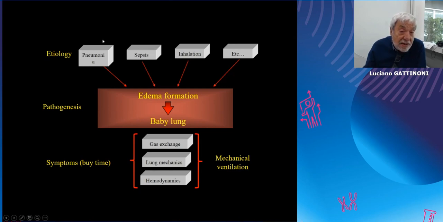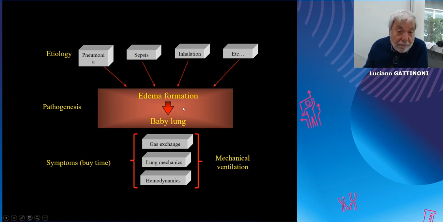These patients represent about 80% of the starting population from which all the big studies we did over the decades have been performed. And we have fewer patients with inhalation or other smaller categories of disease.